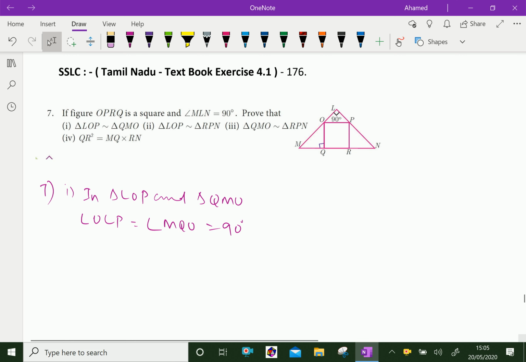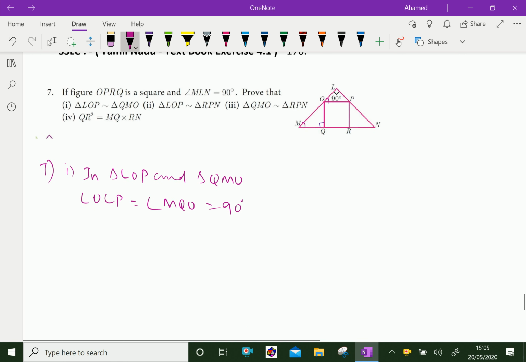This means this angle and this angle are similar. That is, in triangle LOP, angle LOP is equal to angle OMQ. That means corresponding angles.